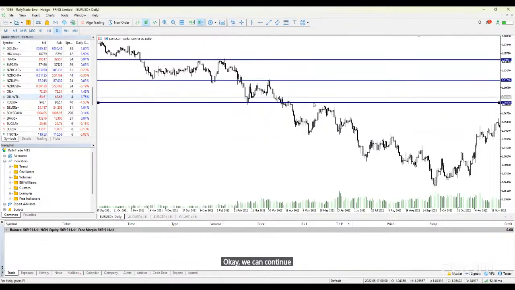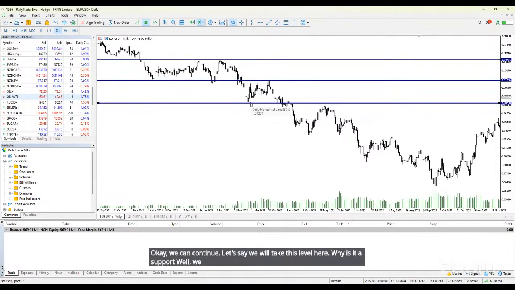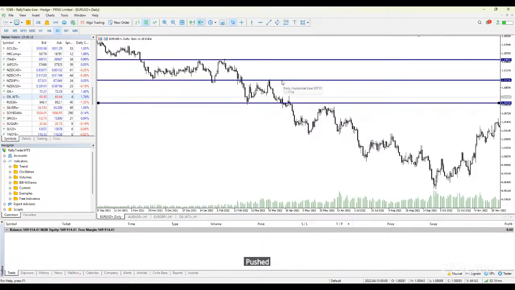Let's say we will take this level here. Why is it a support? Well, we had a drop all the way to 108.29, pushed back. As I said, previous support now is resistance, 1.1171. Price was pushed again back.